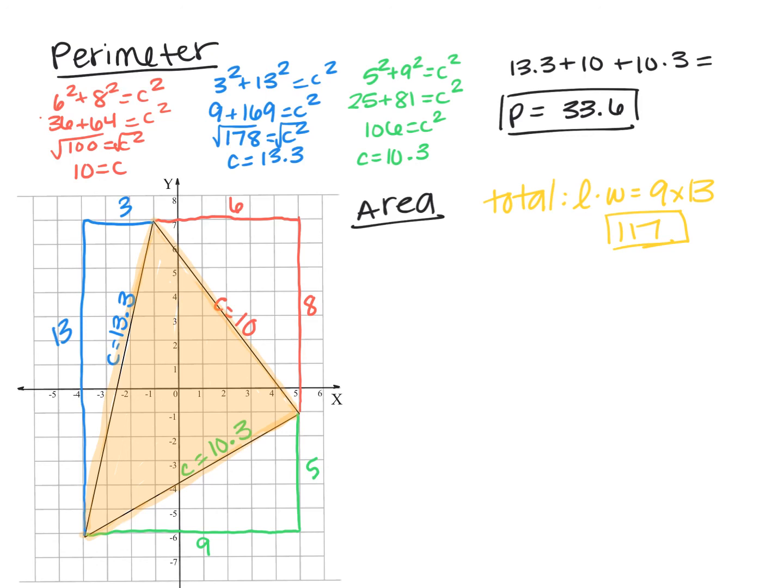And we're going to take away each of these outside triangles that we created. So we're going to take away the blue, green, and red regions of the rectangle so that only the orange is left.